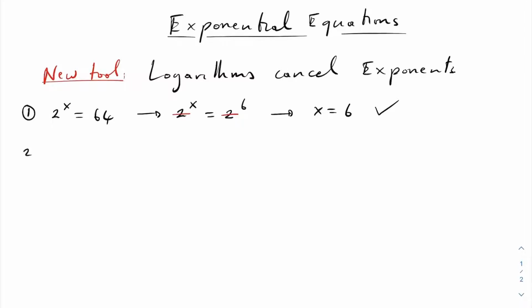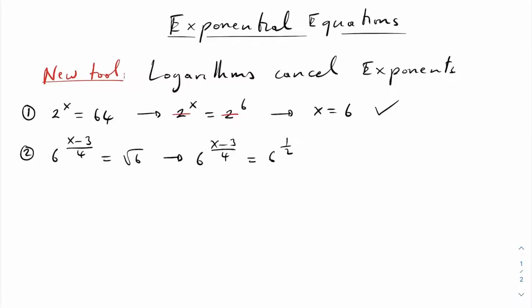All right, my next example is 6 to the exponent (x minus 3) divided by 4 equals the square root of 6. On the other side, the square root of 6 is the same thing as 6 to the power of 1/2.